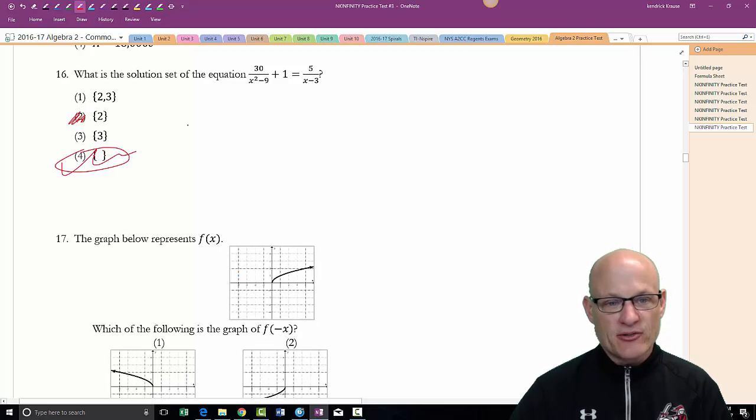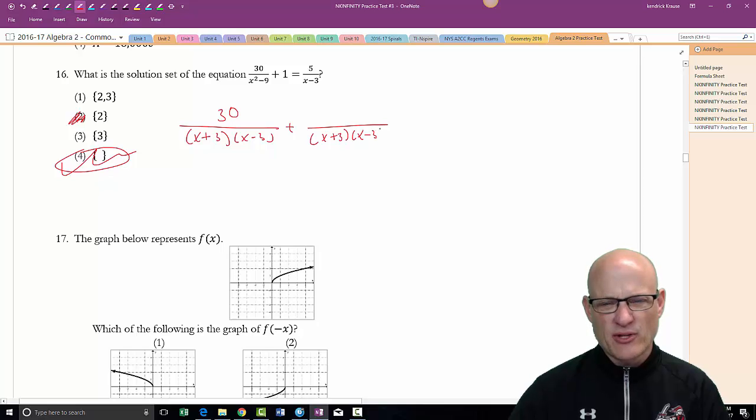So the common denominator is x minus 3 and x plus 3. That one doesn't change. This one becomes x minus 3, x plus 3. Now this one is missing the x plus 3, so I'm going to multiply this by x plus 3.